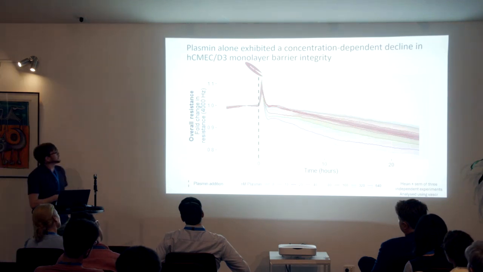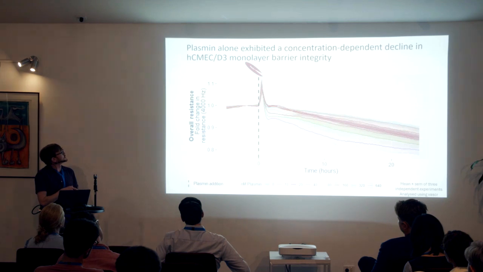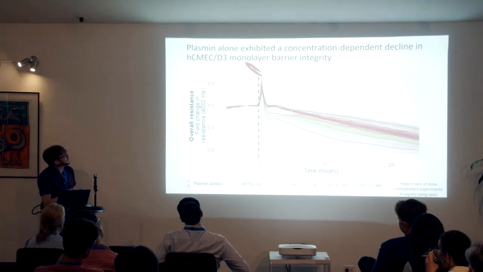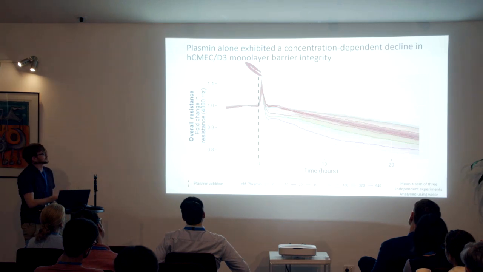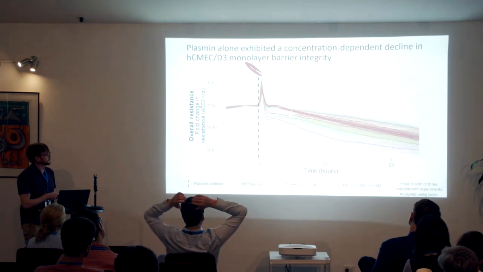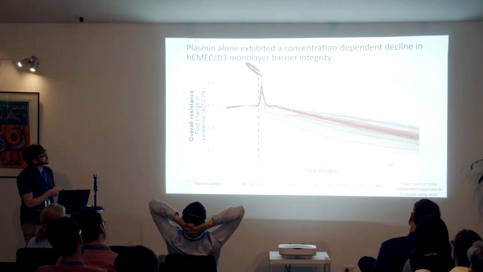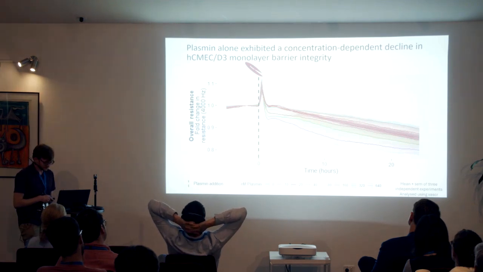What is really intriguing, though, is that immediately after it comes down from this point, we get a concentration-dependent decrease here. Again, these are twofold steps, up to 640 nanomolar plasmin. You can see that we get this decline that's almost immediate.